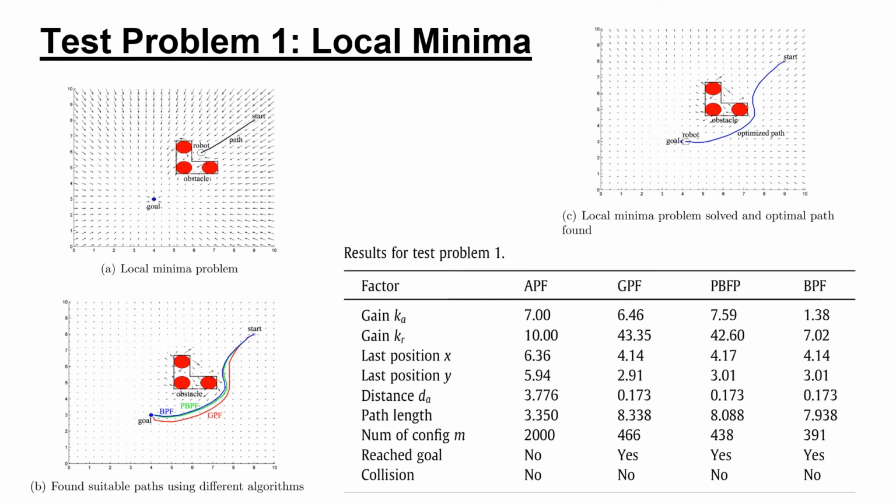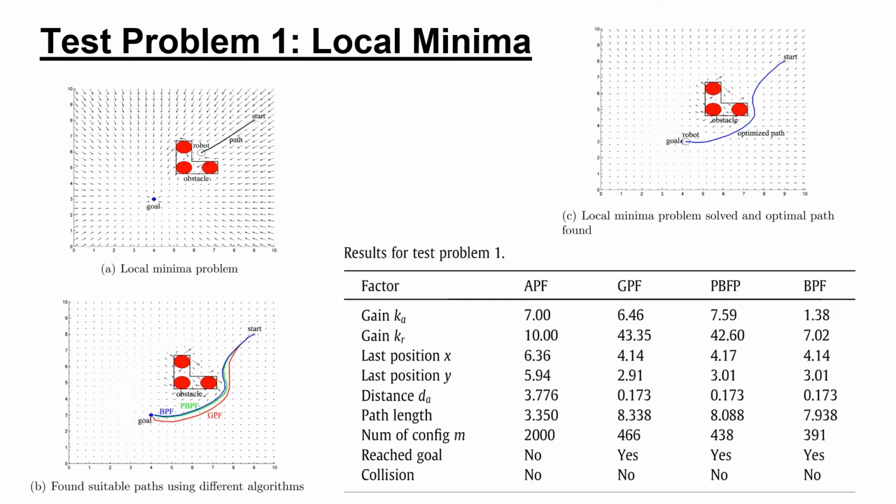Whereas in figure B, you can see that this problem has been solved by 3 different methods, which are PBPF, BPF, and GPF.